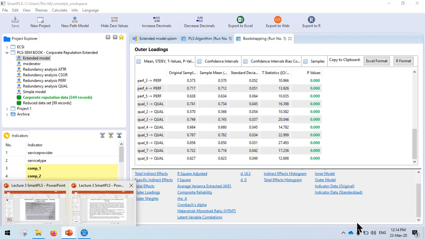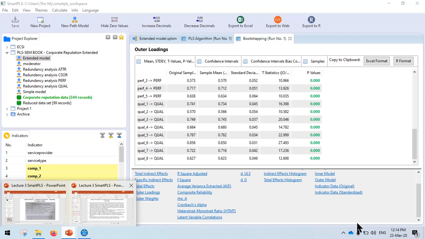But when the indicator weight is not significant but the corresponding item's loading is relatively high, higher than 0.5, or statistically significant, the indicator should generally be retained. But if the outer weight is non-significant and the outer loading relatively low, below 0.5, you should strongly consider removing the formative indicator from the model.